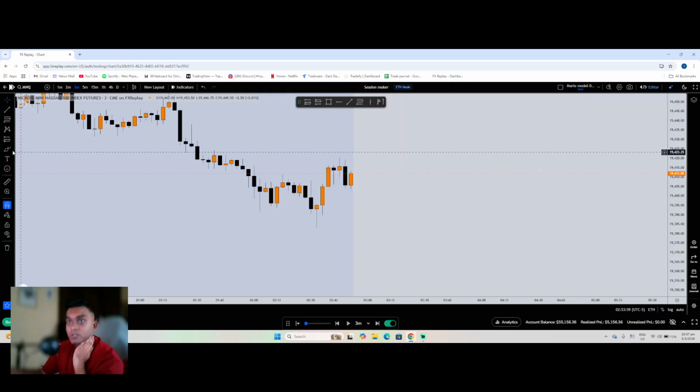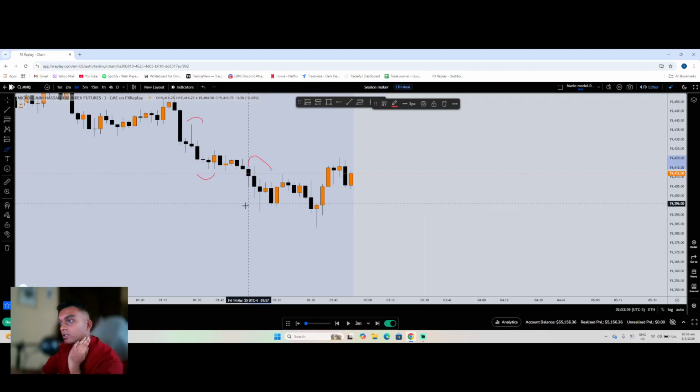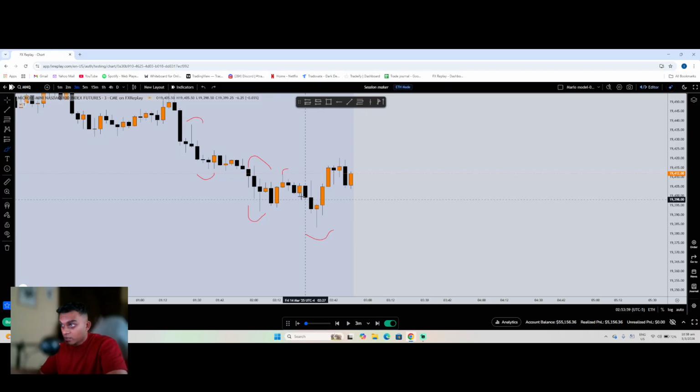As you can see on the charts right now, the price is going upwards. We have a higher high here, a higher low here, a higher high, a higher low, because of the swing points. Right after that, you will see the market moving downwards.